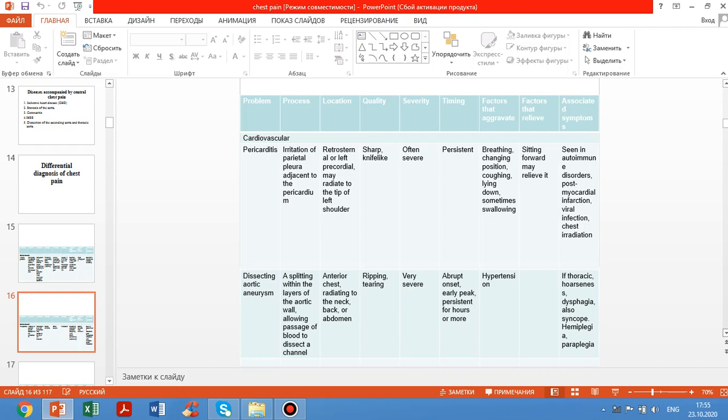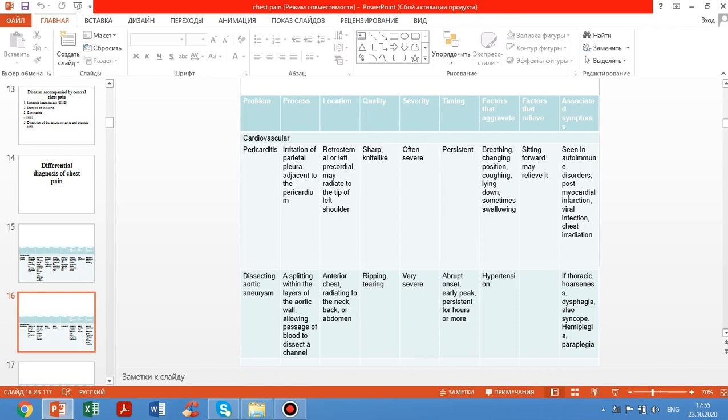Severity is very severe. Timing is abrupt onset, early peak, persistent for an hour or more. Factor that aggravates is hypertension. Associated symptoms are hoarseness, dysphagia, also syncope, hemiplegia, paraplegia.